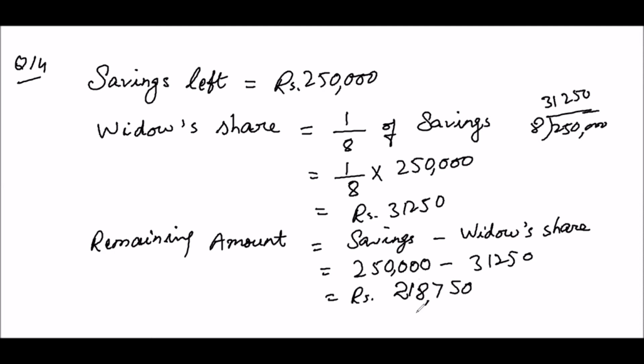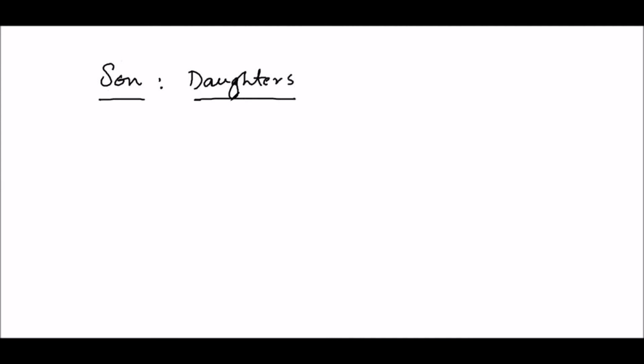Now this amount will be divided into further two parts, one for daughters and the other for sons. Now let us see in the question how many daughters and sons he had. He has one daughter and two sons. Now we know that even if the son is one, he will get two shares, and each girl will have one share.